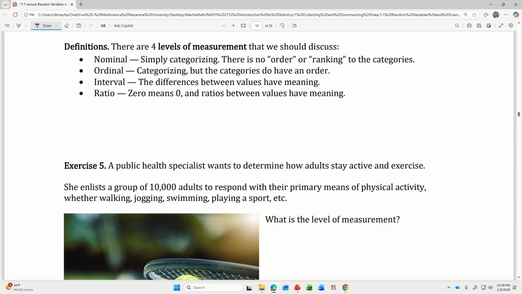I'll give you examples of each one. An ordinal level of measurement would involve categorizing, like I'm placing individuals into categories, but there would be a natural order to those categories. If you were just going to randomly grab people off the street in downtown Olathe and ask them what was your highest level of educational attainment?